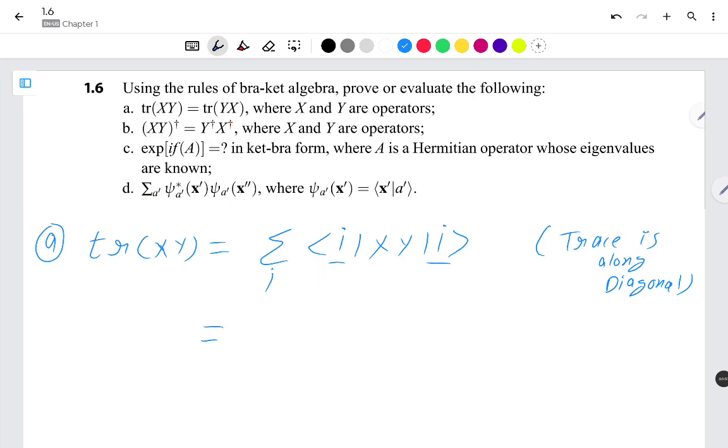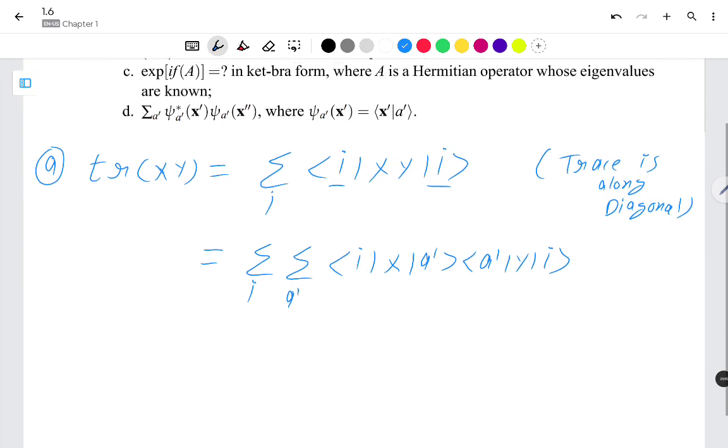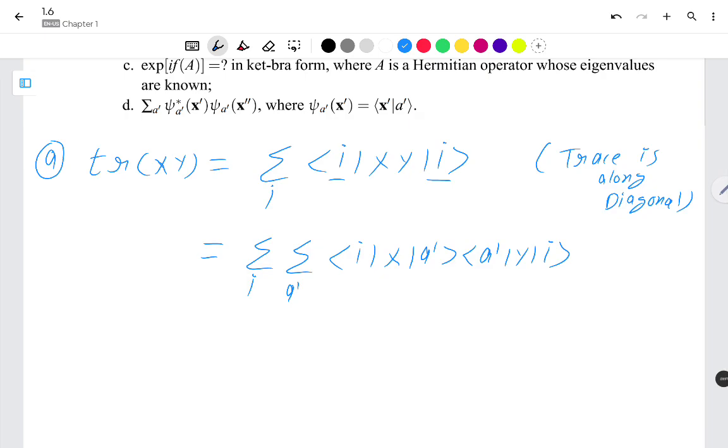Now we can add the completeness relation in between this x and y. So let's say I write sum over a prime. You can recognize these are just numbers basically.